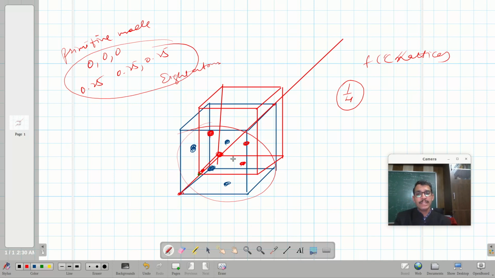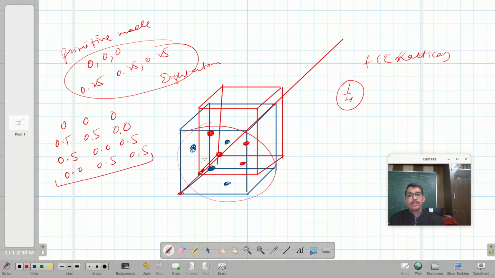But these are the 8 atoms, and how these 8 atoms are arranged: one atom is at 0, 0, 0, then 0.5, 0.5, 0.0, and then 0.5, 0.0, 0.5, then 0.0, 0.5, 0.5.